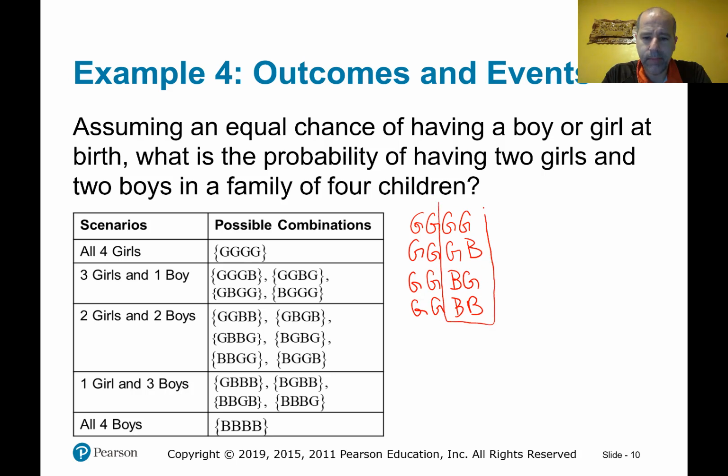right here are the only possible outcomes for those last 2. So now what we're going to do is change the 3rd position to a boy and do the same thing.